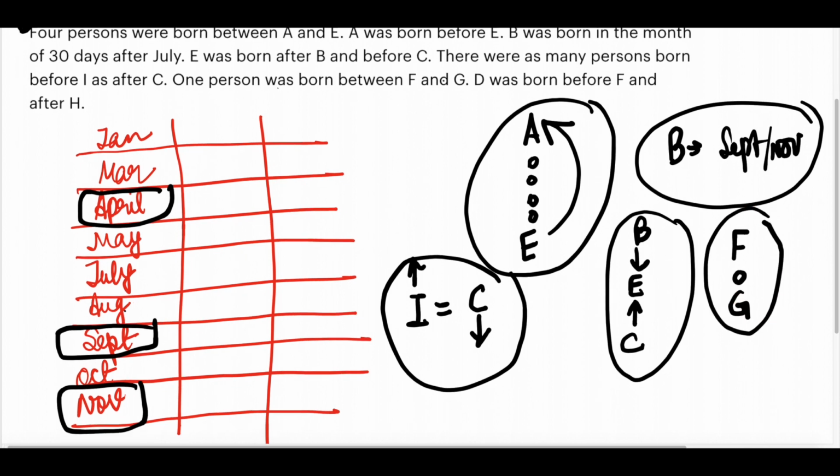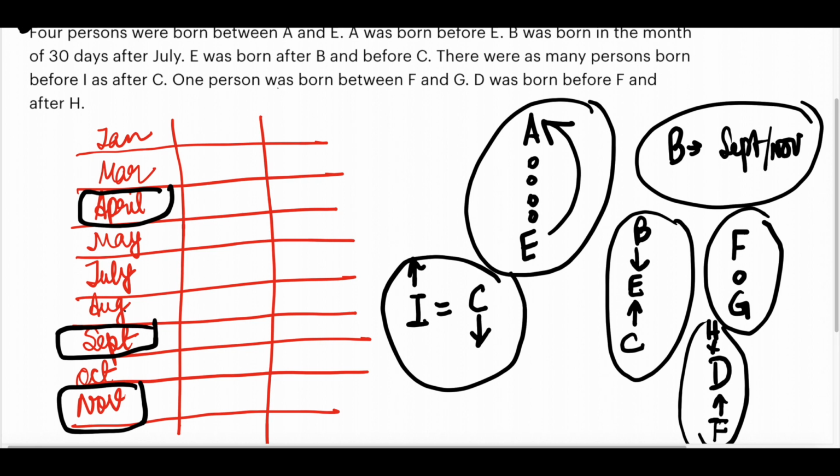Okay. D was born before F and after H. So D was born after H but before F. Yes. So these are all the conditions that we have.